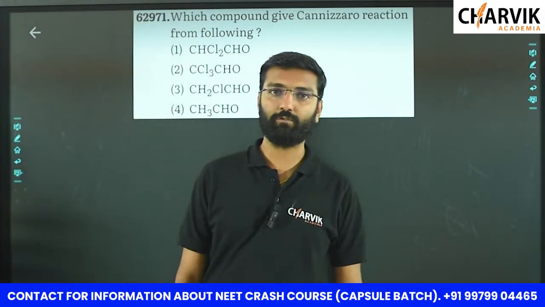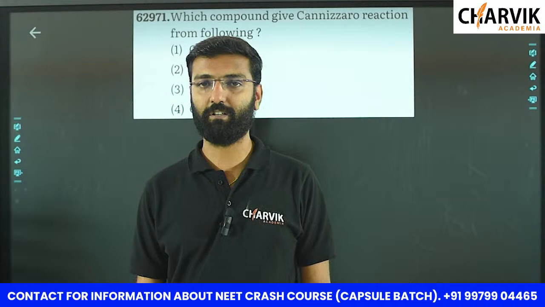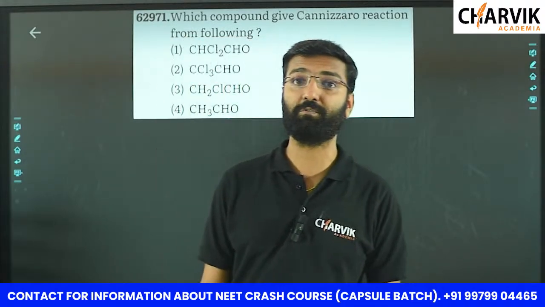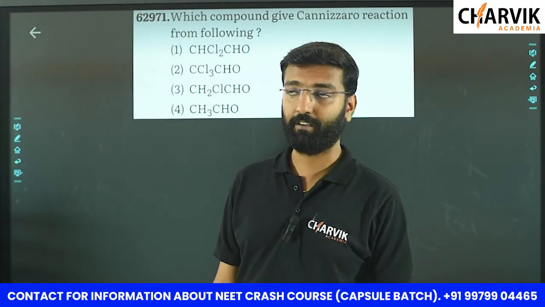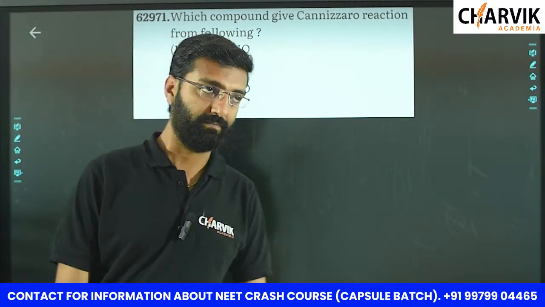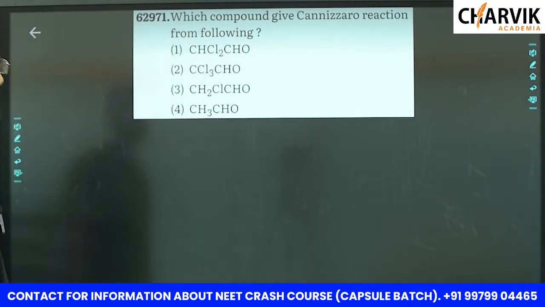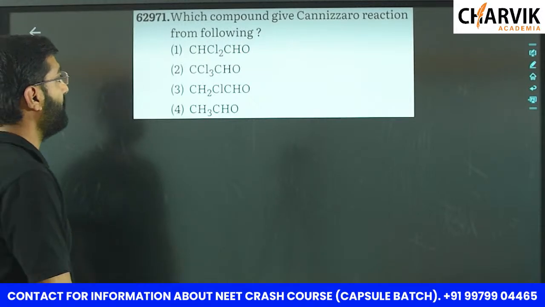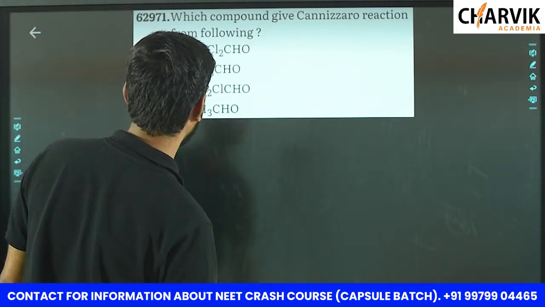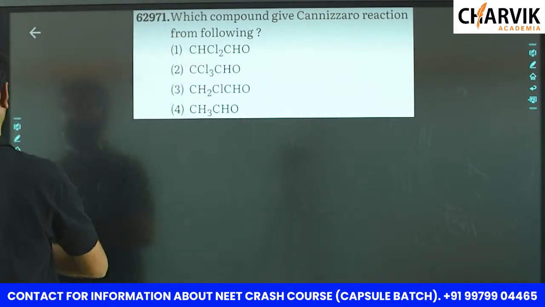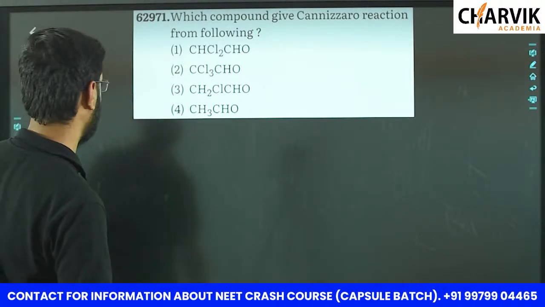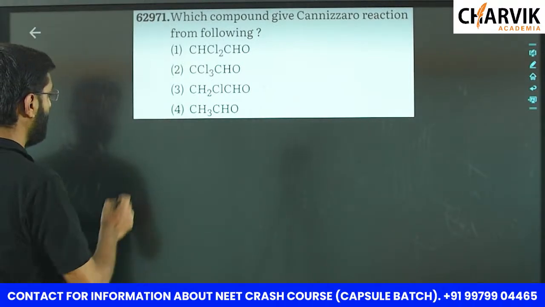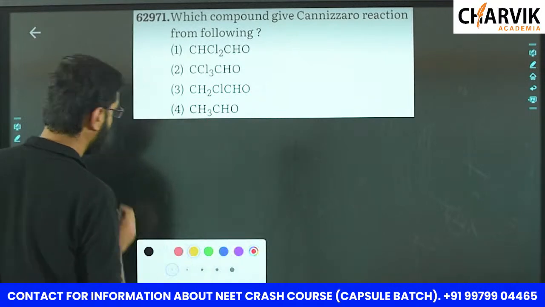We are going to solve question paper GUJCET 2021. Our first question is, which compound gives Cannizzaro reaction from the following? Now tell me friends, what is the basic condition for Cannizzaro reaction?